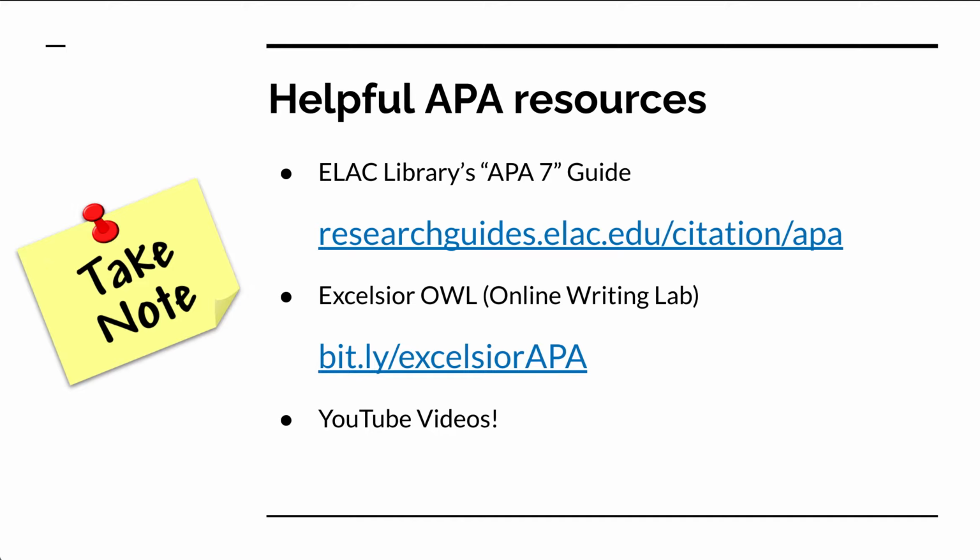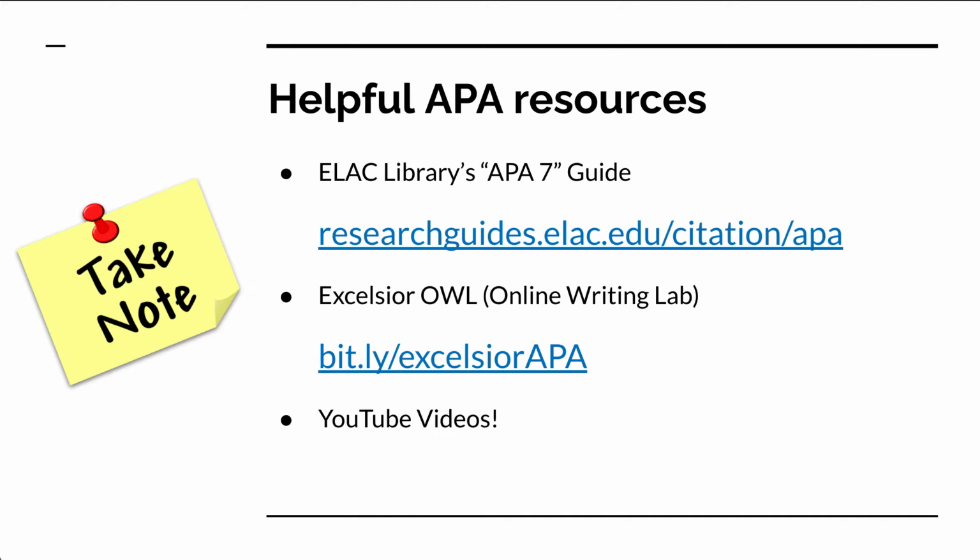The Excelsior Online Writing Lab also has an extensive APA guide that you can access at bit.ly/ExcelsiorAPA. Make sure to capitalize APA. And YouTube also has tons of videos to walk you through the mechanics of APA formatting.